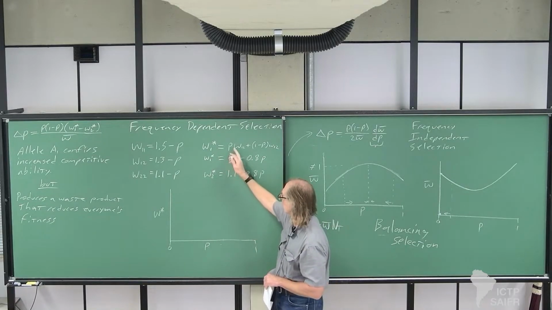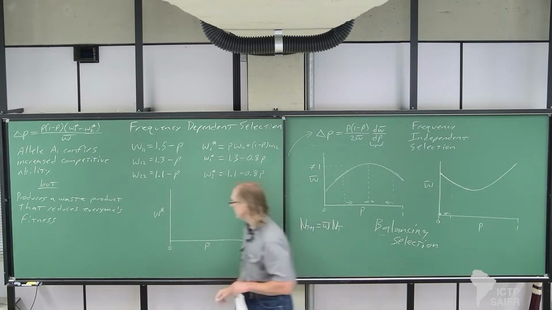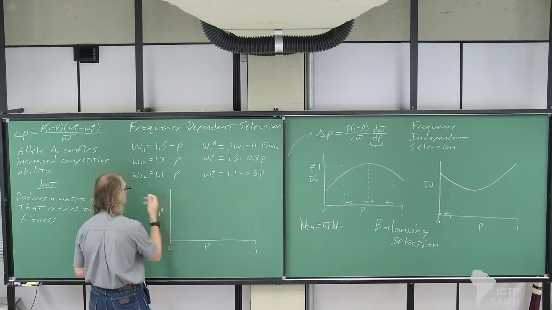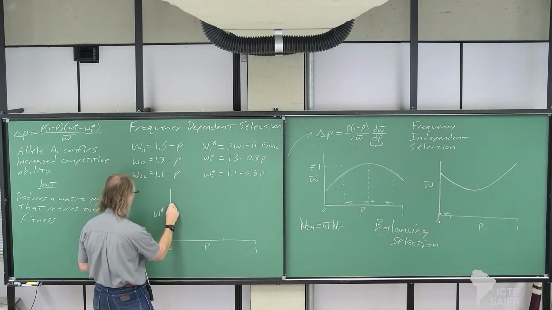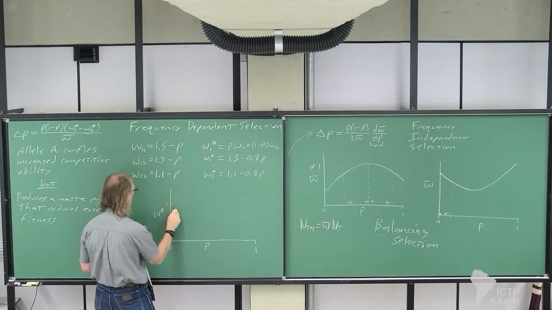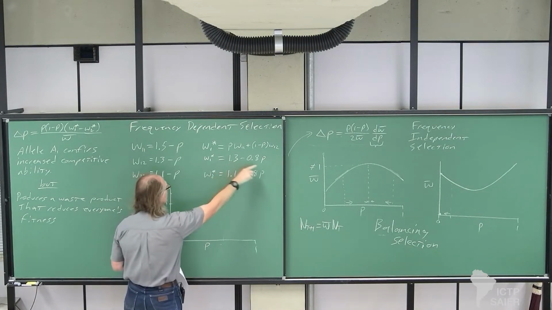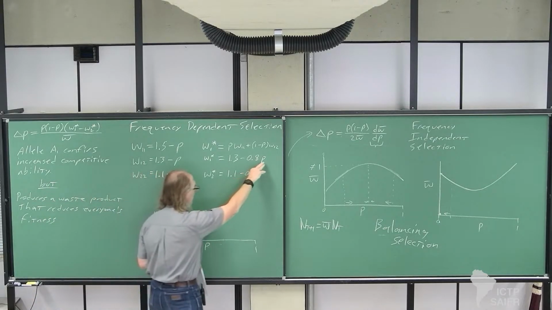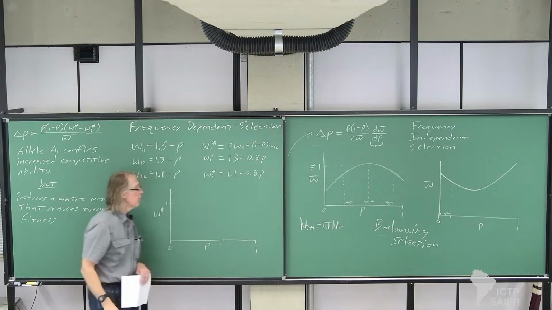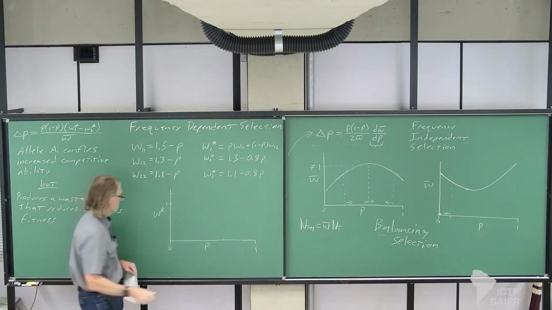Okay? For the A1 allele, W1 star, it starts out at 1.3, so if I put 1 about here, it starts out about up here. And it declines. When P is 1, it is 1.3 minus 0.8, which is about 0.5.